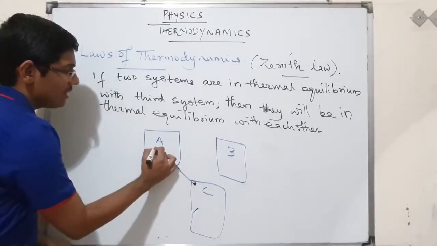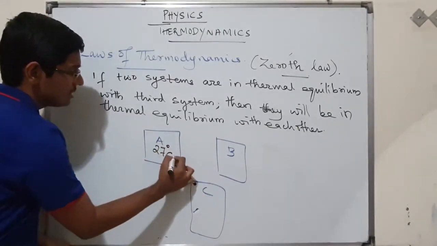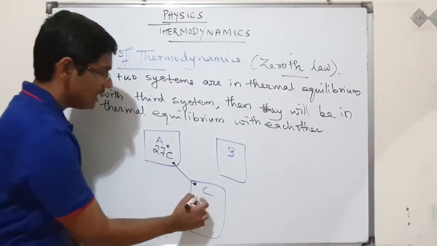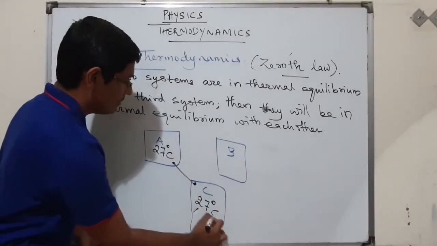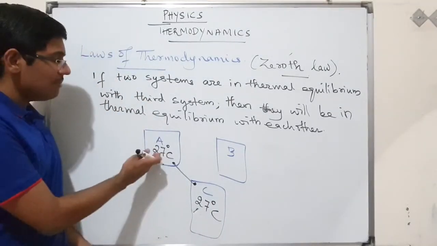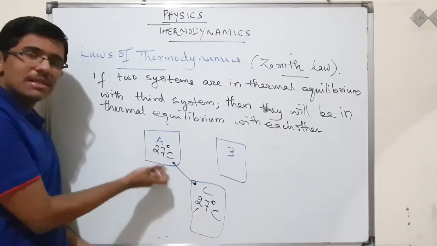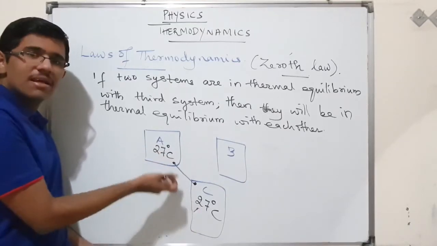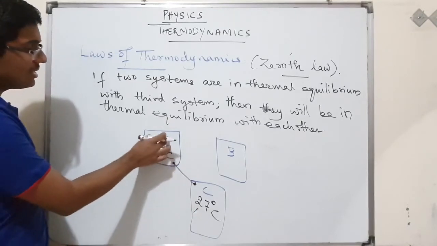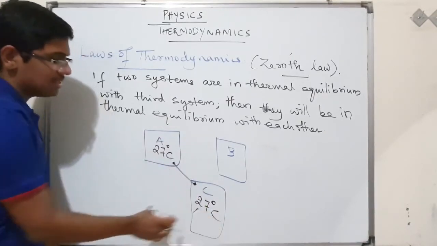Imagine it is 27 degrees Celsius, room temperature. Equilibrium means they have the same thermal value, or heat value. So 27 degrees Celsius is the temperature of A and of C also.